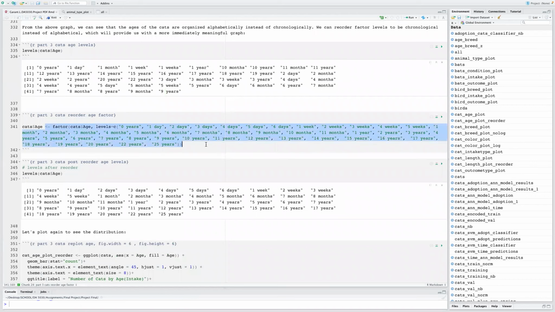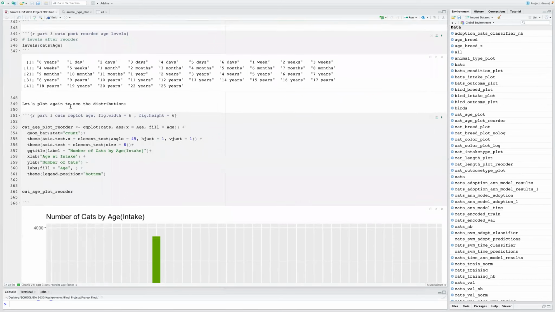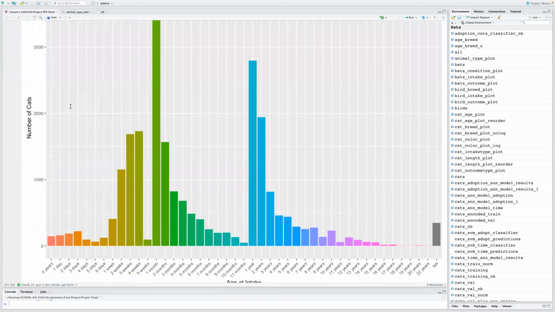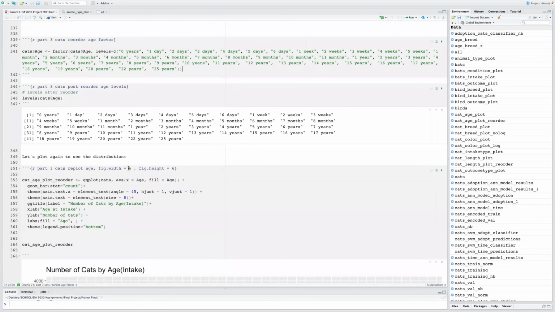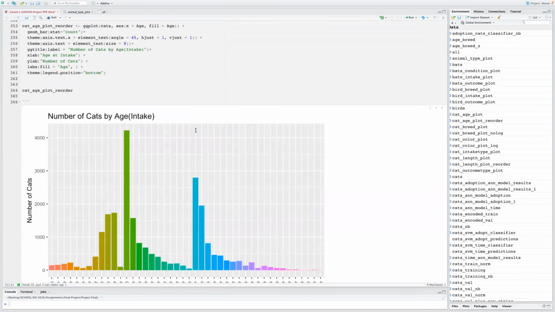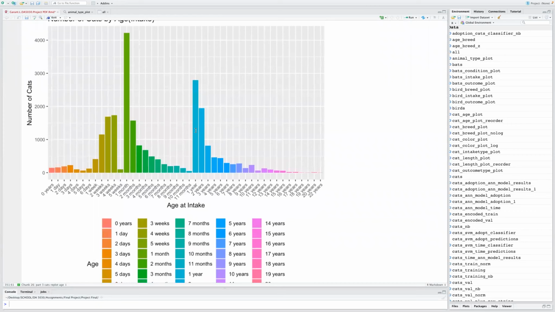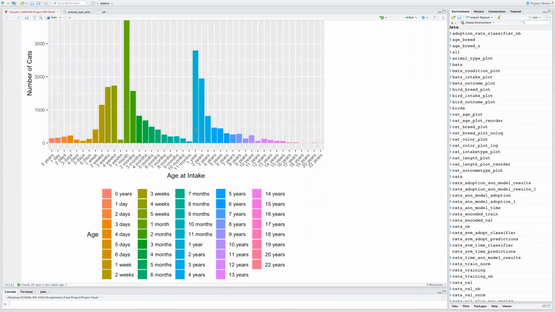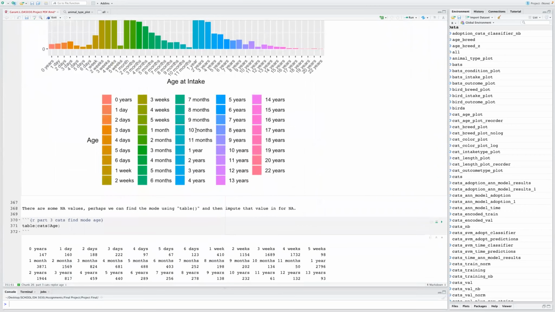So I reordered them and then replotted them to see the distribution a little more clearly. That was pretty helpful for the visual interpretation of those levels, and also for the encoding later on.